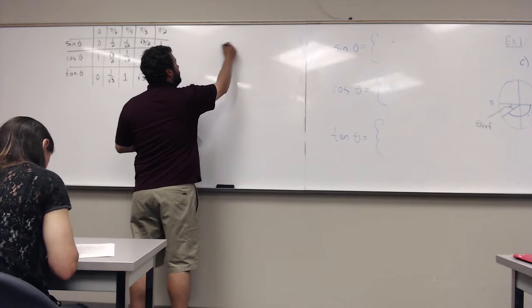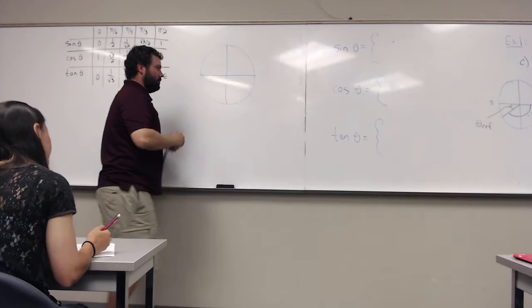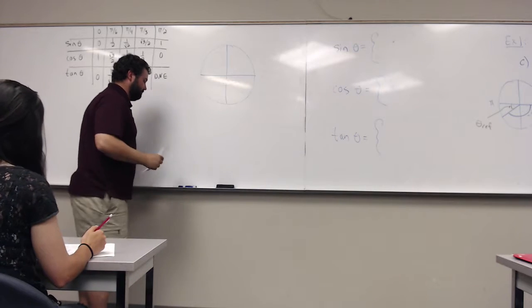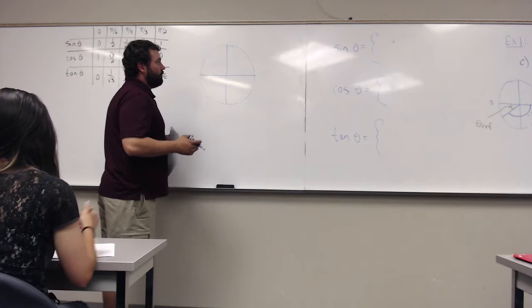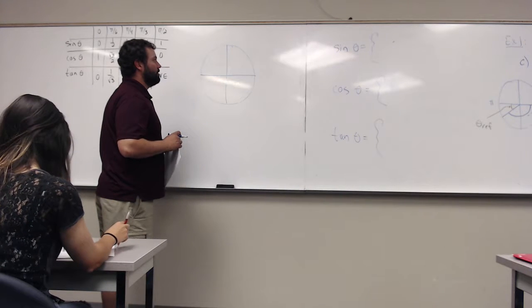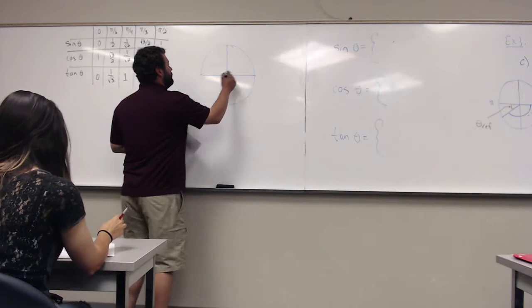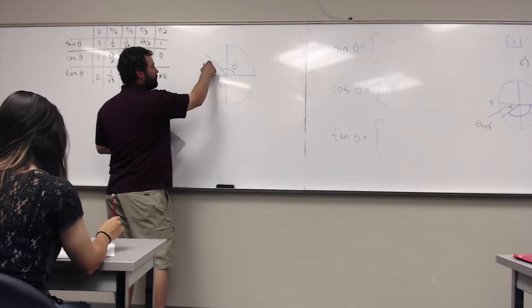So here's my unit circle. Let's deal with sine first. For simplicity's sake, I'll just say my angle theta lands me into the second quadrant.